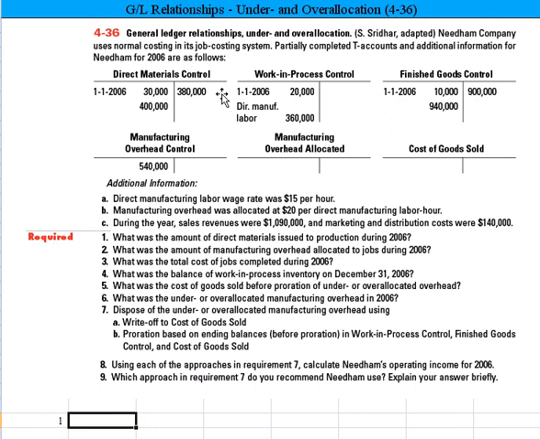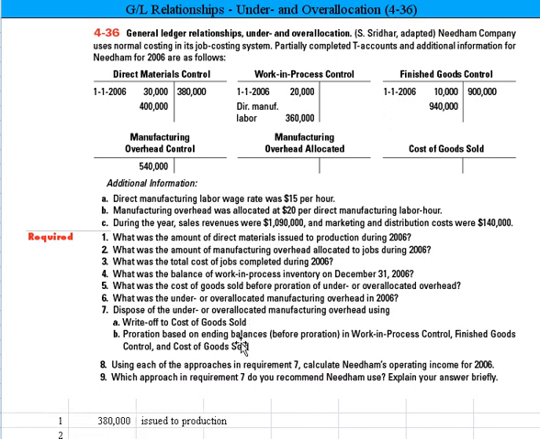And so to answer the question, what was the amount of direct materials that was issued to production, it's that 380,000. So that's the correct answer, and I'll just jot that down for part 1. Okay, 380,000.